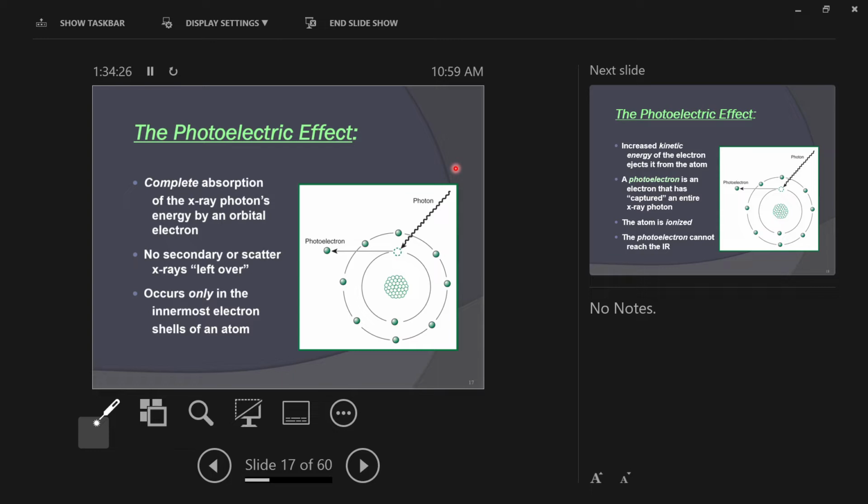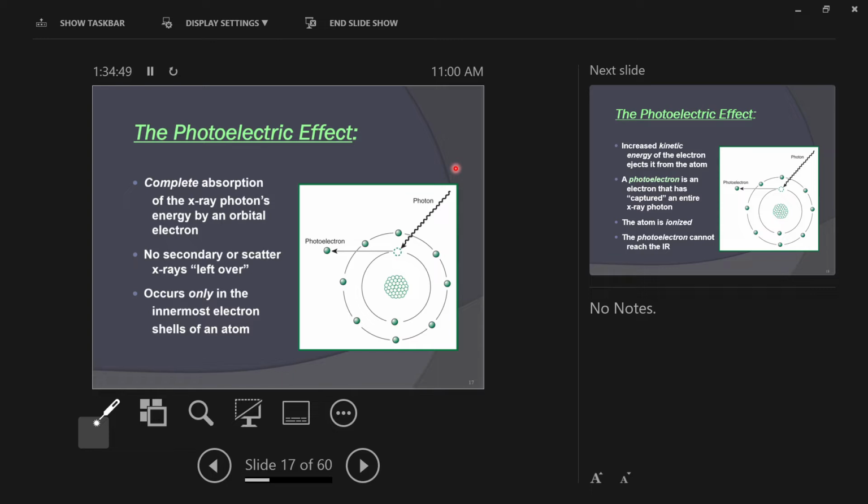An electron, if it absorbs enough energy, can jump up a shell level. If it absorbs a significant amount of energy, enough to get out of the atom, it can jump right out of the atom and go speeding away. When an electron is given enough energy to speed away from an atom, we call that a photoelectron. So importantly, electrons can absorb or emit photons.